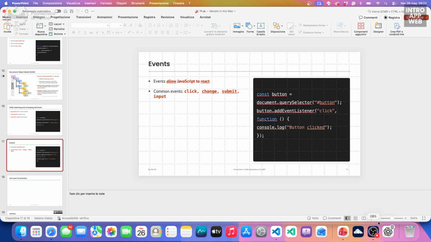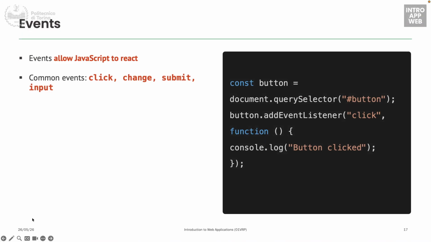Are we going to listen to a button? No. What are we going to listen to? To the changes in the text field. Okay, so our event is going to be the input in the text field.